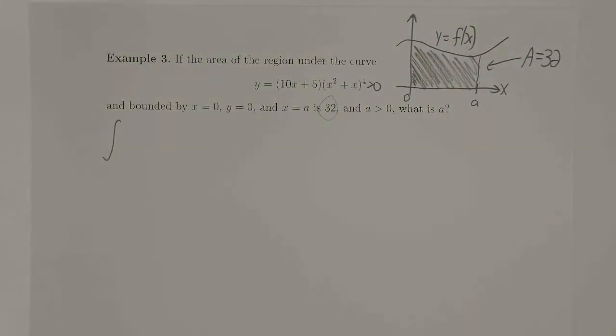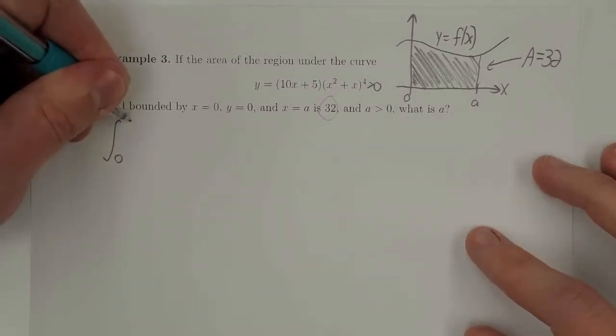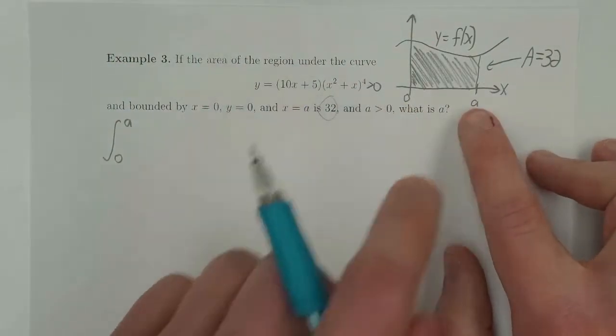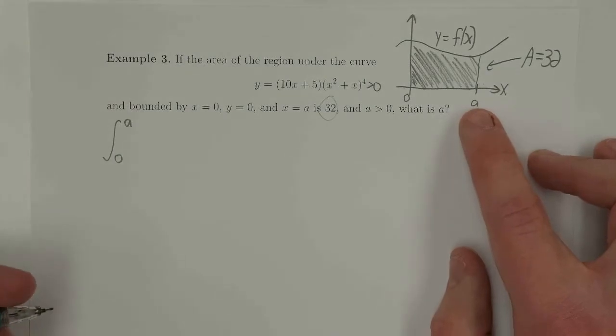Do you guys remember from lesson R what the integral should be? Yep. So the bounds are going from 0 to a, because this is the lower and this is the upper bound. And then what's inside the integral?